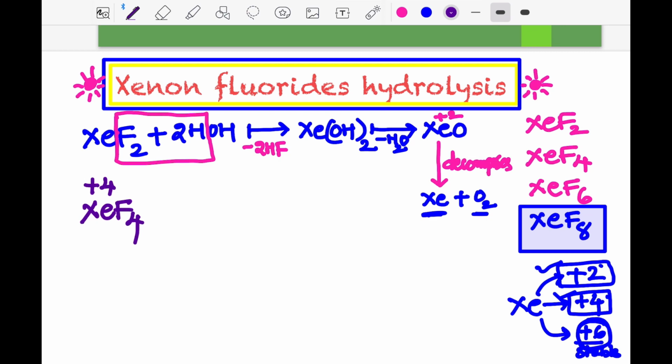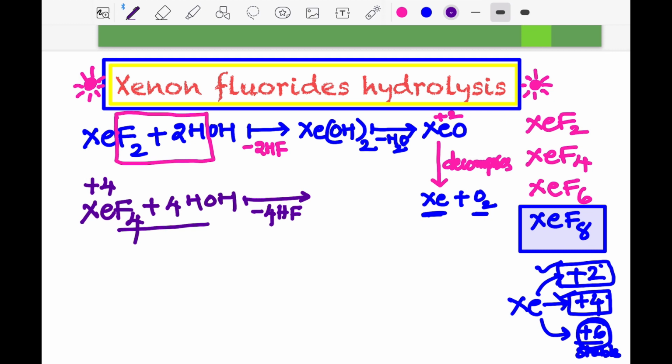So for ease of understanding, I will take 4 moles of water molecules first, which I'll react with XeF4. Now I can remove 4 moles of HF. I'll write minus 4 moles of HF.